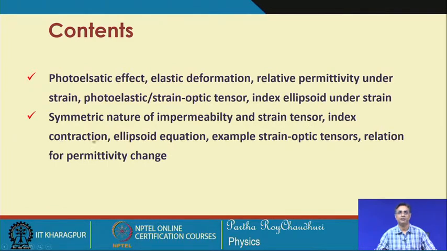We will apply the index contraction rule to make it only a 6 element column vector. Then we will represent the index ellipsoid. We will take the example of strain optic tensors and the relation of the permittivity changes. That will complete the understanding of this acoustic wave with the impermeability tensor of the medium.